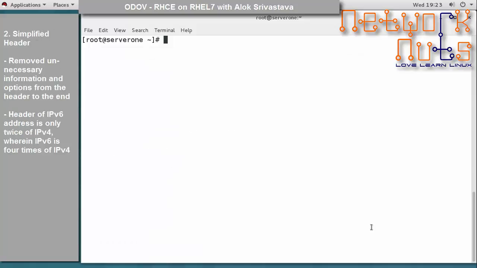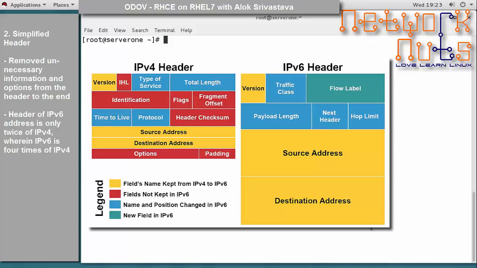Second, which is very important, is simplified header. In IPv4, they cluttered the header with unnecessary information, information which might not be required at this time. So what they have done is removed the unnecessary information and moved the options from the header to the end.